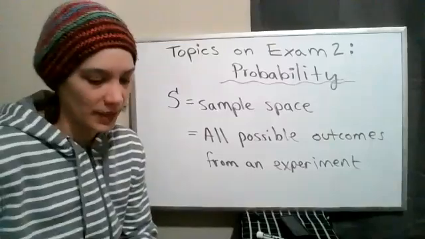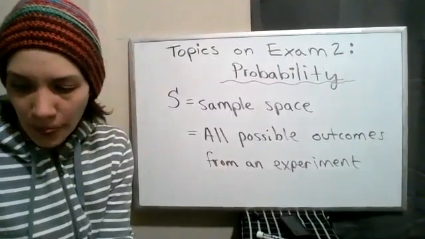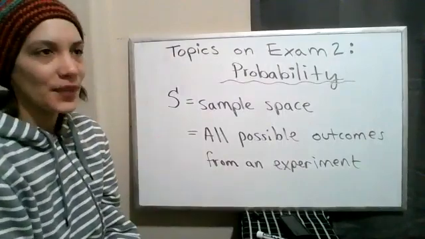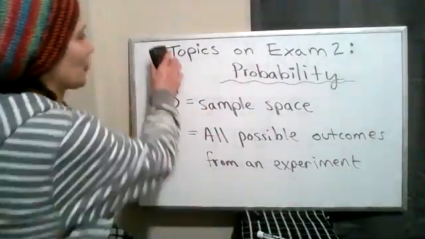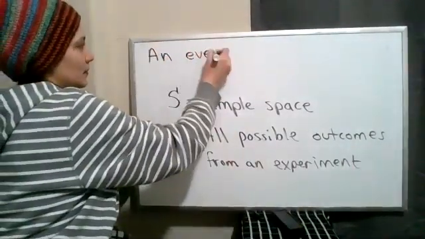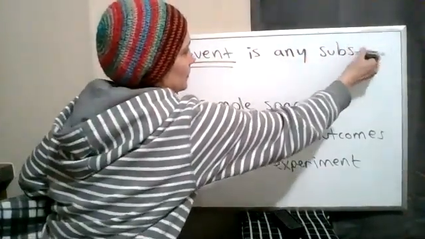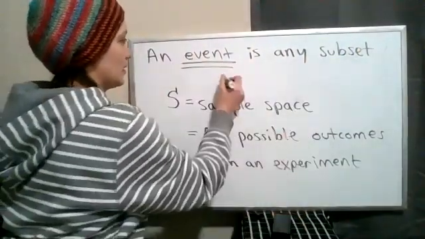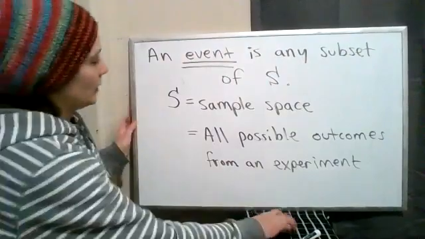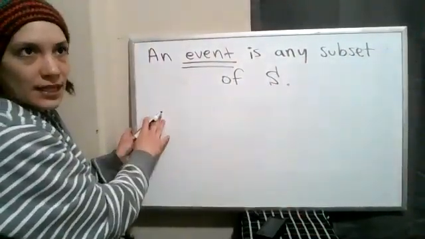I'm going to actually put that note to myself and this one too. Okay, all right. Event is any subset of your sample space. And then we're going to put down the definition for probability.